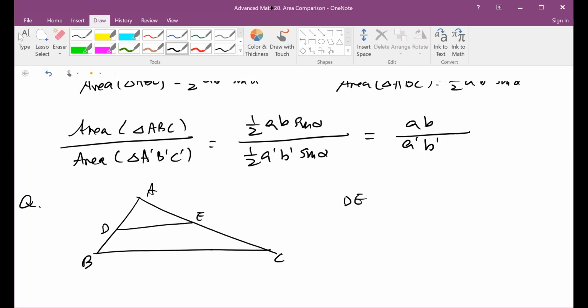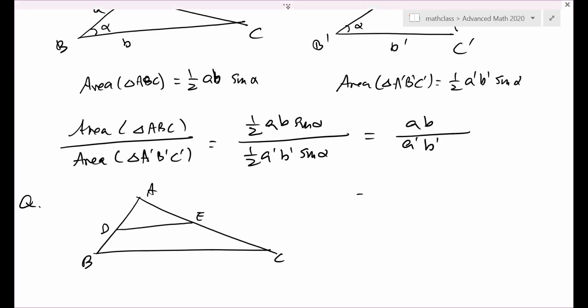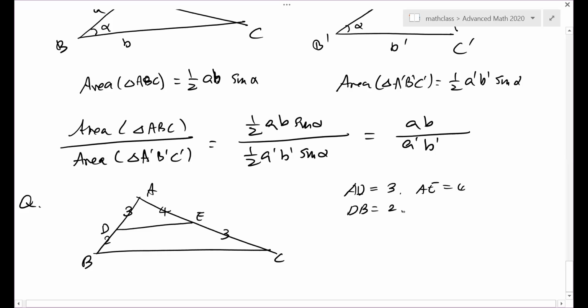What are we given? We're given the following information: AD is 3, AE is 4, and AB is 5, so DB is 2. AC is 7, so EC is 3.